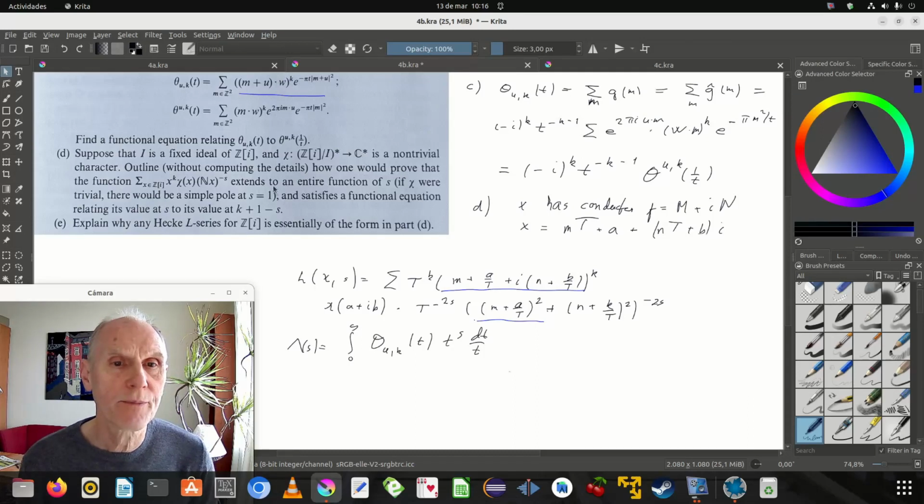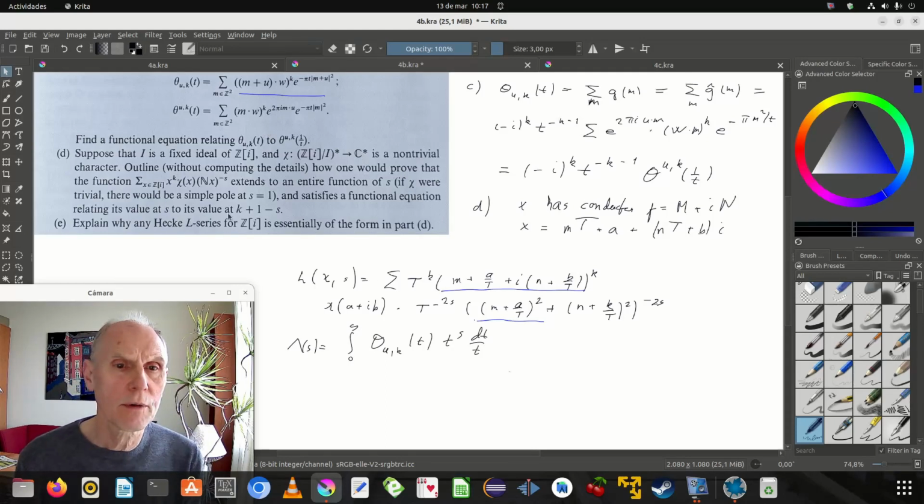So in case chi is trivial, otherwise it will vanish on naught. And k is naught, otherwise this will vanish. So I believe we only have a simple pole in case chi is trivial and k is naught.